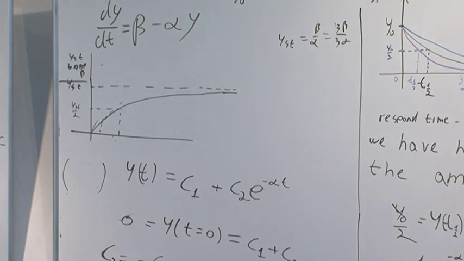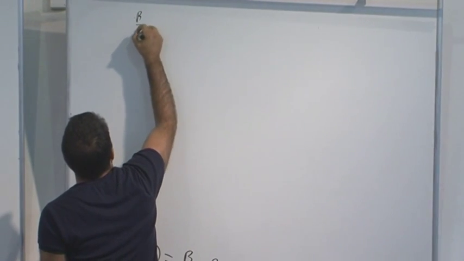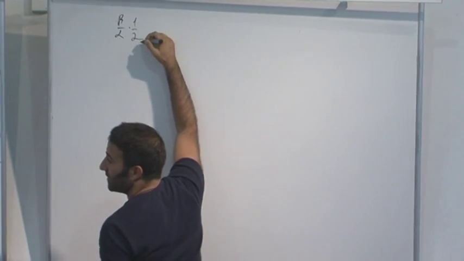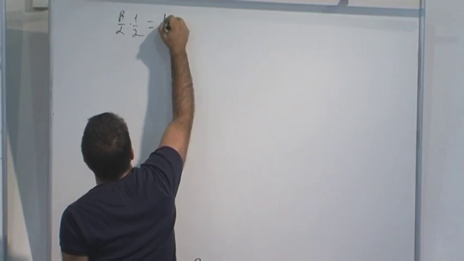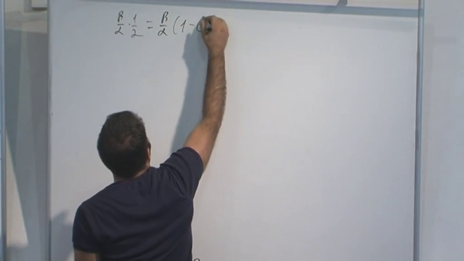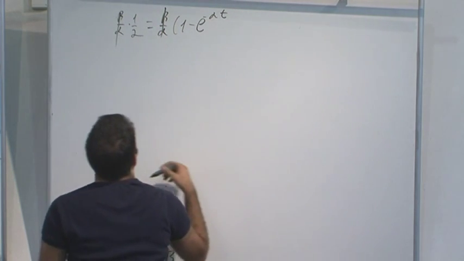So again, like we did there, I will do it a bit quicker because we did something very similar. We will ask beta over alpha, this is y steady state, divided by 2, equals beta over alpha times 1 minus e to the minus alpha t. Okay? We can divide it.